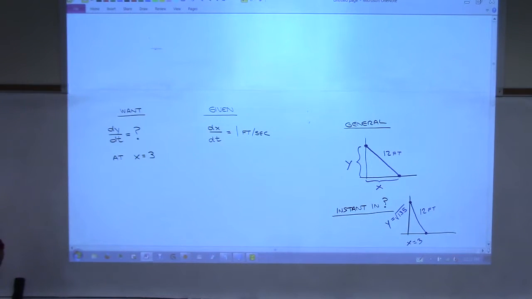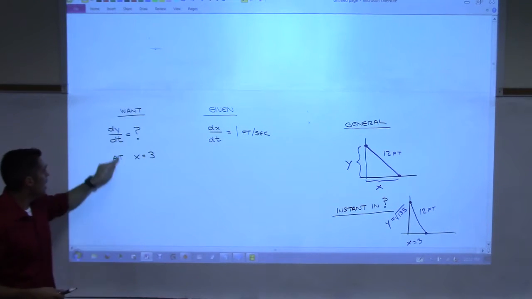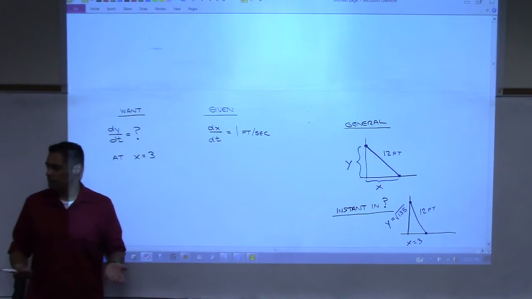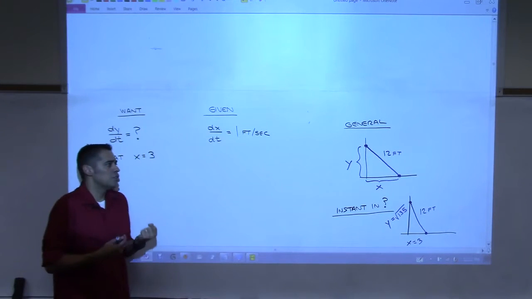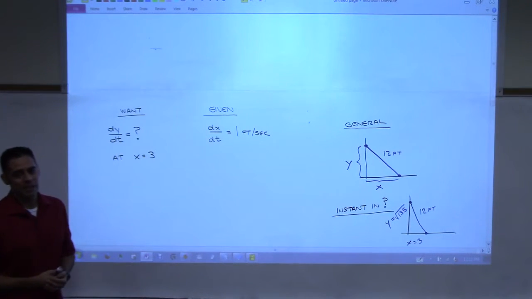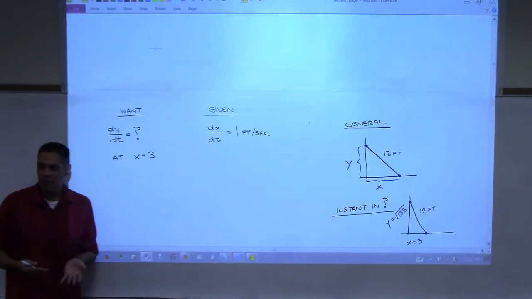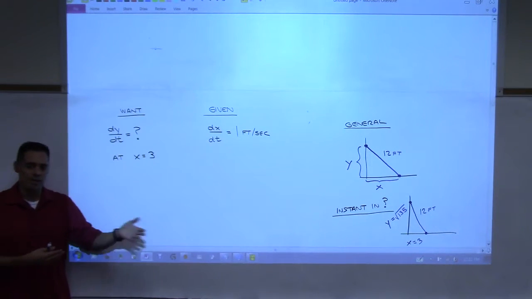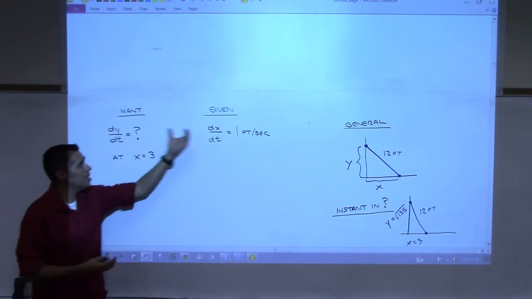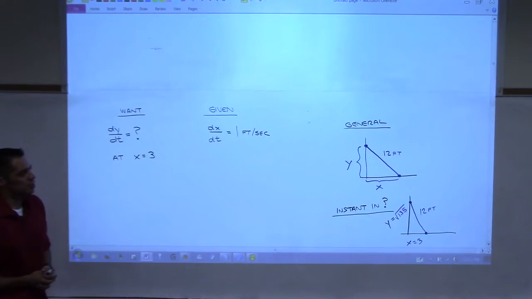I would like to find an equation that, when I take the derivative of it, uses time as my independent variable, and I need that equation to include x and y, because then when I take the derivatives of x and y, dx/dt and dy/dt will appear. So what equation do you see anywhere over there that would relate x and y together?